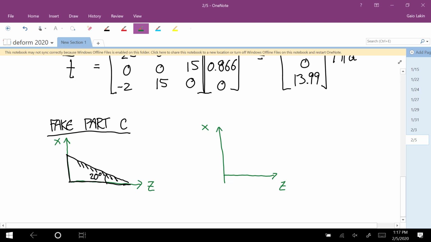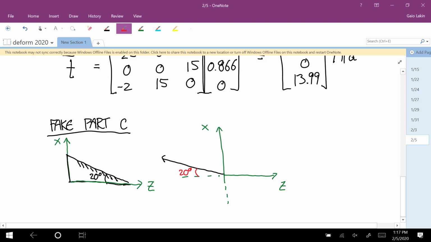So first we'll use the angle that's given. I'll put a vector over here that's supposed to be that 20 degrees, going counterclockwise.